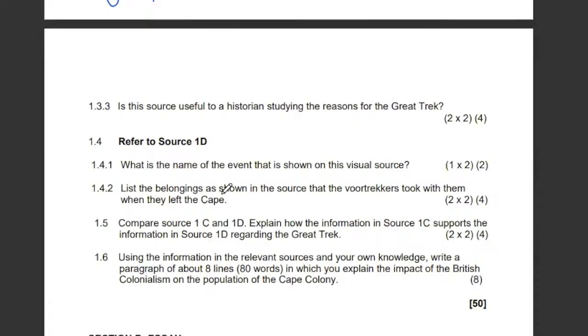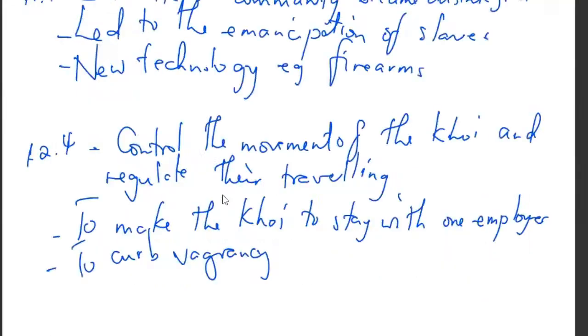Right. When you are looking at usefulness of a source, remember your questions in history. We have a question on usefulness of a source. We have a question on a limitation. Let me use a bigger space so that we can clarify that so that you don't confuse.